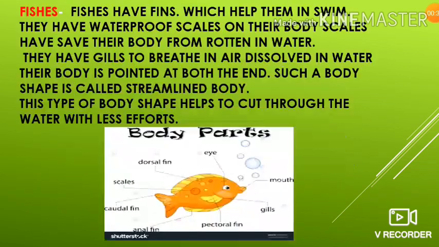Fishes have fins which help them to swim, and they have waterproof scales on their body. Scales protect their body from rotting in water, and they have gills to breathe air dissolved in water, and their body is pointed at both the ends.